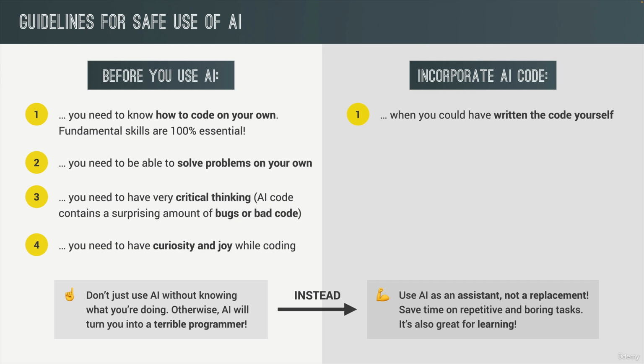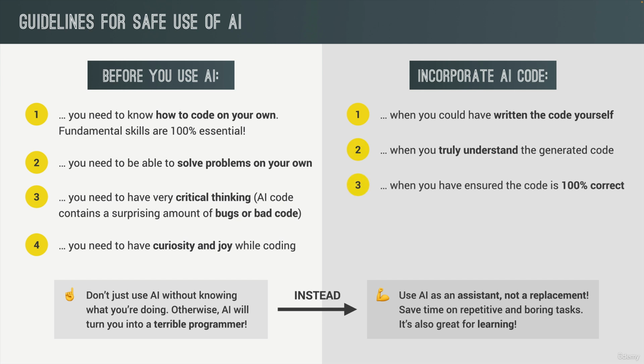Now, if you could have written the code yourself, the next guideline is pretty obvious, but it's still important to highlight the fact that you should truly understand the generated code before incorporating it into your codebase. Also, as I already touched on earlier, you need to ensure that the code is 100% correct. All this will ensure that errors made by AI don't make it into your codebase. This is especially important for mission-critical parts of your app like core business logic.